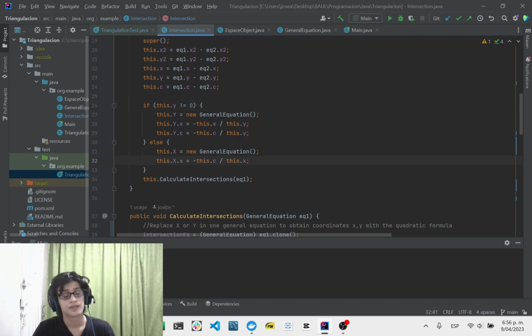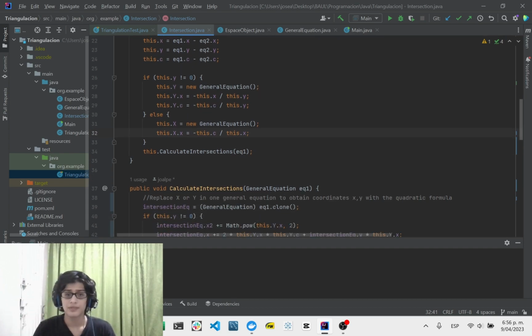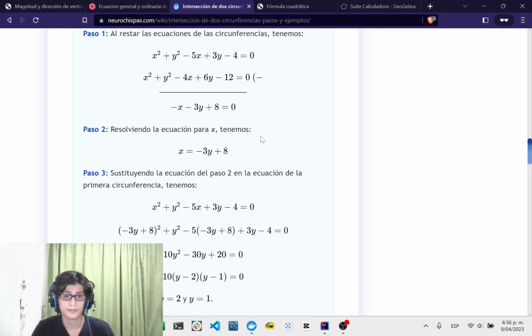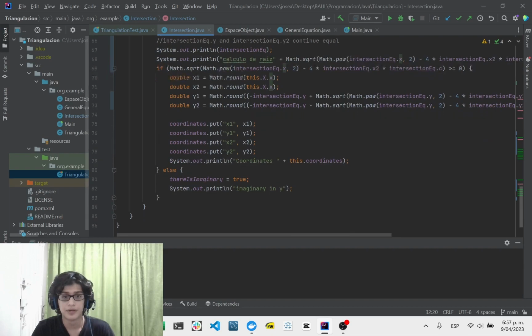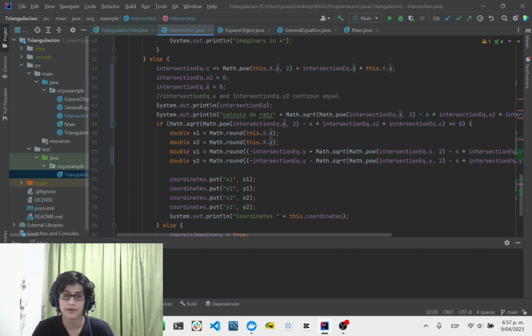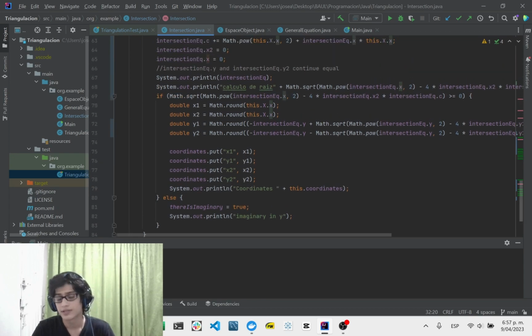Because if y is 0, it's easier for me, because I'm only going to use the x value. I'm going to use the quadratic formula to get the coordinates, because that's the next step.